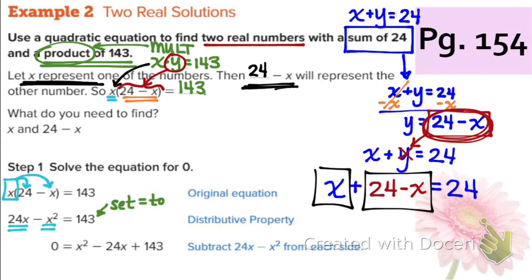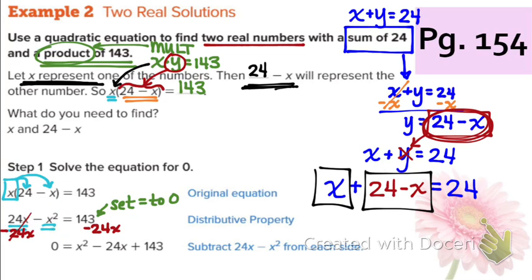We're going to set it equal to 0. So I need to subtract 24x from both sides. That'll make that one cancel. But if you do it to one side, you've got to do it to the other. How will I make this one cancel? I want to make it cancel out. I don't want it on this side anymore. I want to get a 0 over here.